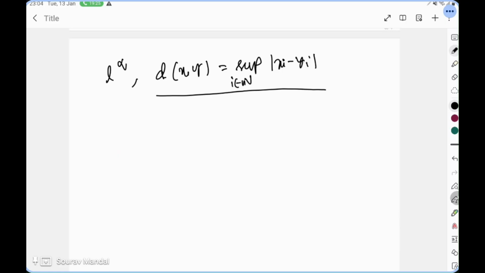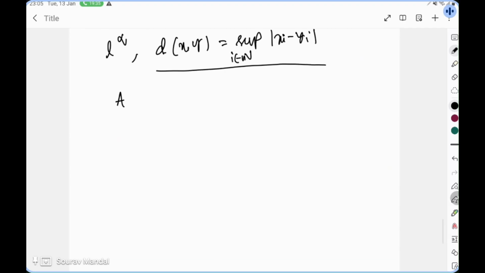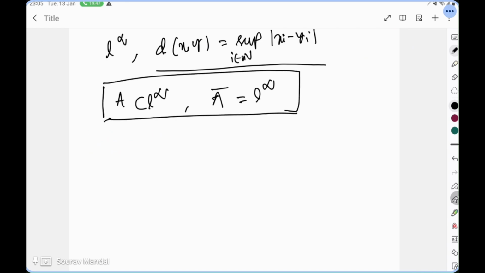Okay, so if it is a separable metric space, in that case you need to find some countable subset A such that the closure of A is equal to L infinity. Yes or no?